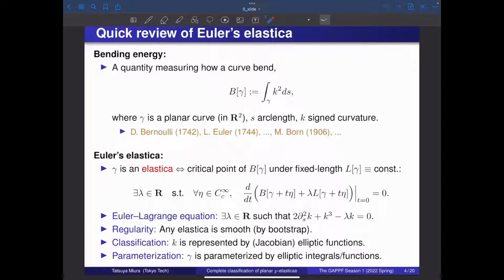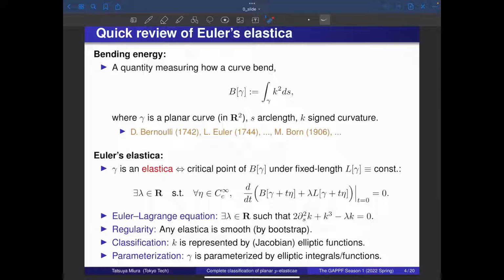So the problem can be simplified. And thanks to this simple ODE structure, we can say that any elastica is smooth by the standard bootstrap argument.